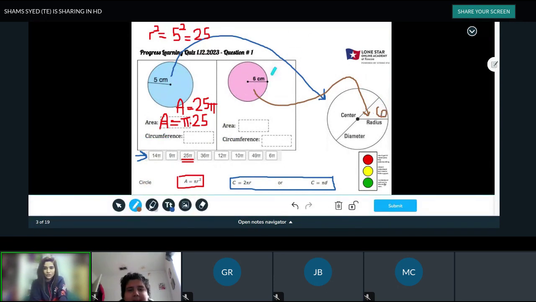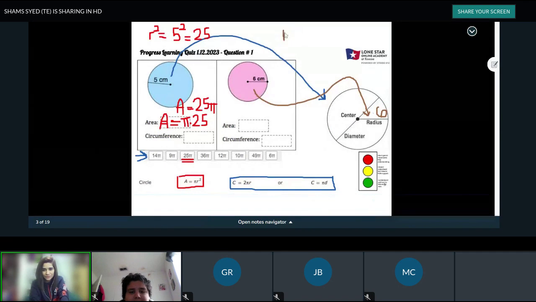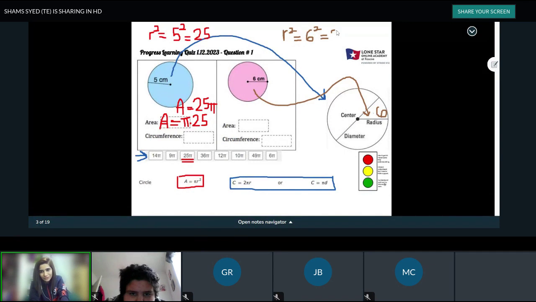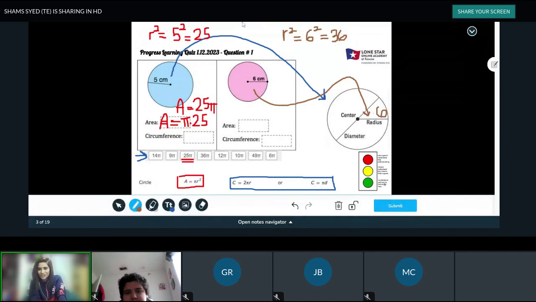So you will go find radius squared. If radius is 6, then radius squared is 6 times 6, right? And that will be 36. Radius squared will be 36. Any questions so far?